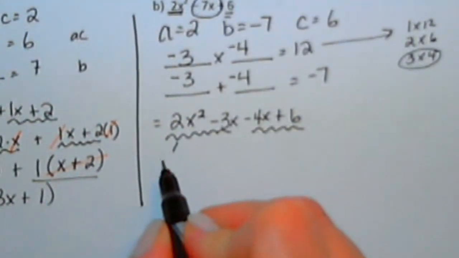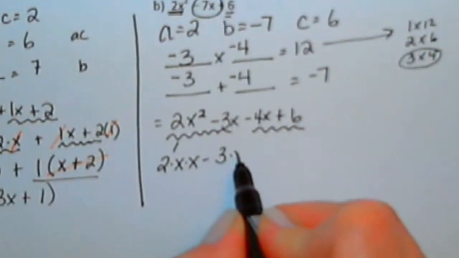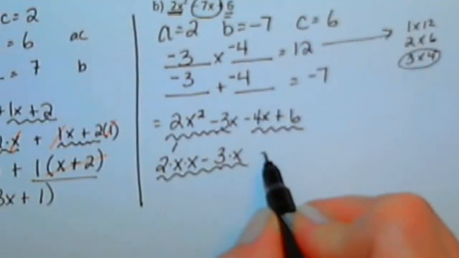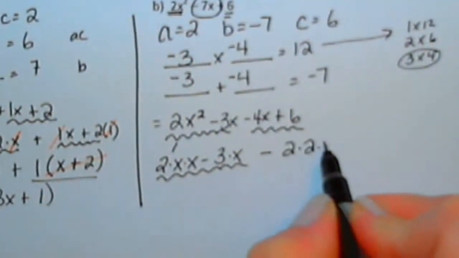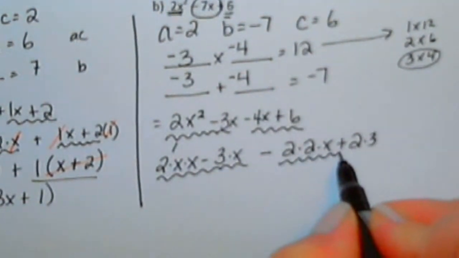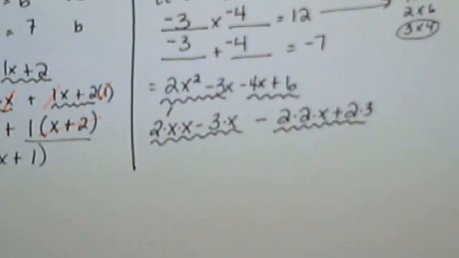Let's break this down. 2 times x minus 3 times x minus 2 times 2 times x plus 2 times 3, squiggly underline, I guess.